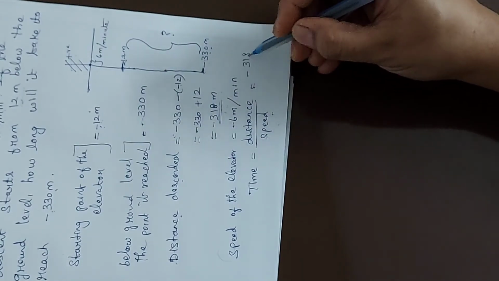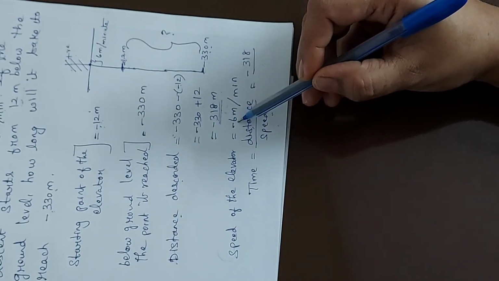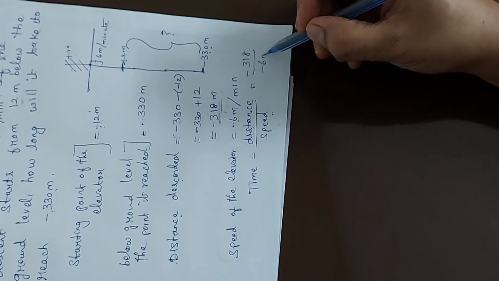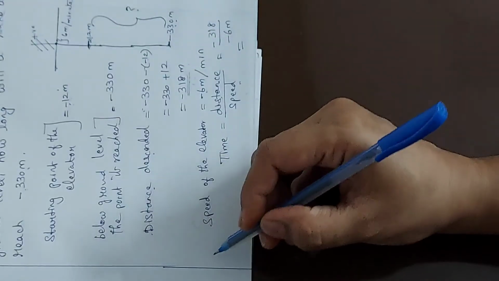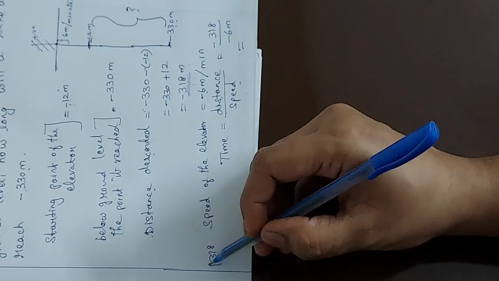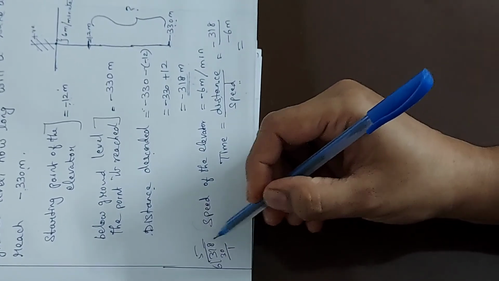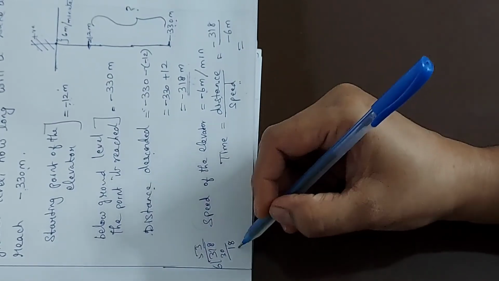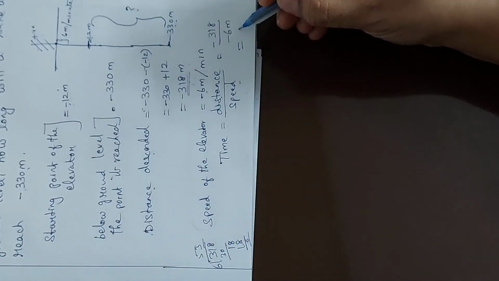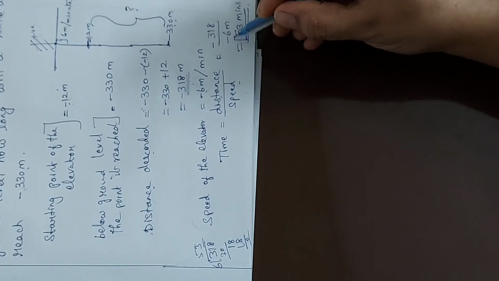So minus 318 is the distance, and the speed they have mentioned in the problem itself as 6 meters, that is minus 6. So we have to divide 318 by 6. 318 divided by 6: 5 times 6 is 30, balance 1, I'll take this 8 here, 6 times 3 is 18. So I'll get 53 minutes, right? So this is the answer.